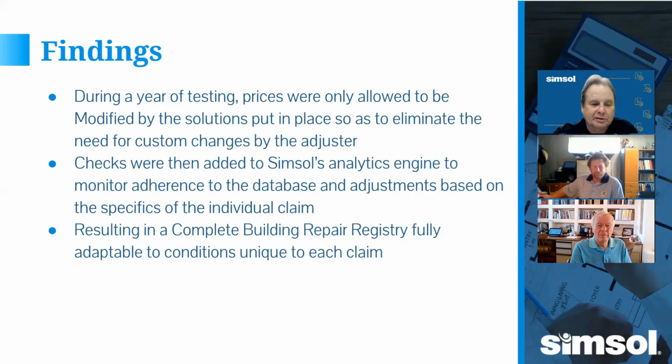All this did was result in a complete building repair registry, fully adaptable to the conditions unique to each claim. And that's what we were going for, to make sure that when subs are being used, it's there. When the insurer is being used, it was there. When the house was up on the side of a hill, it was there.